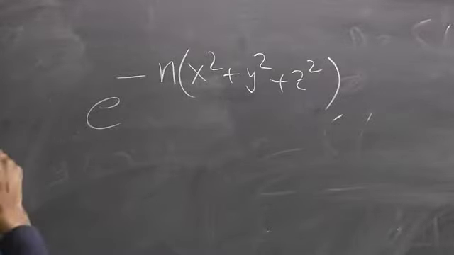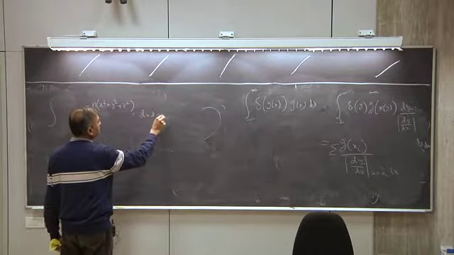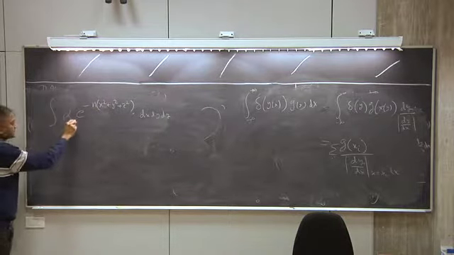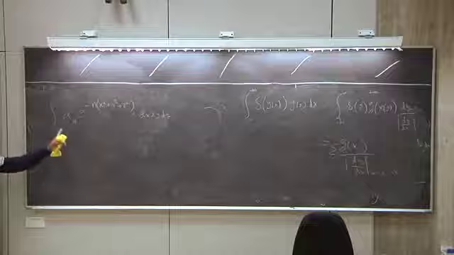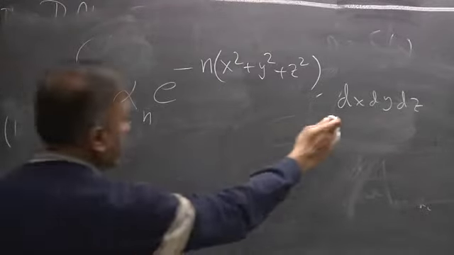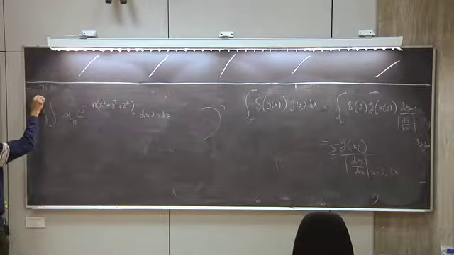We essentially want this integral dx, dy, dz, with some suitable coefficient, let me call it alpha n, which depends on n, to be equal to 1. Each of the three integrals goes from minus infinity to plus infinity.